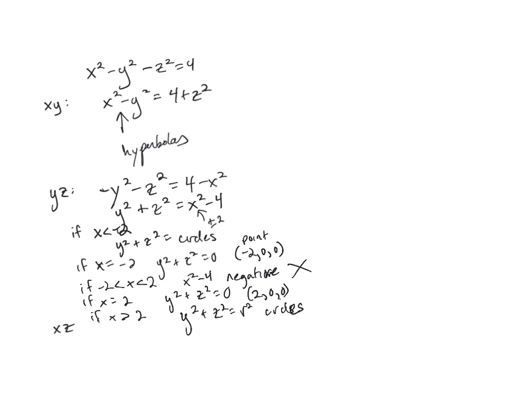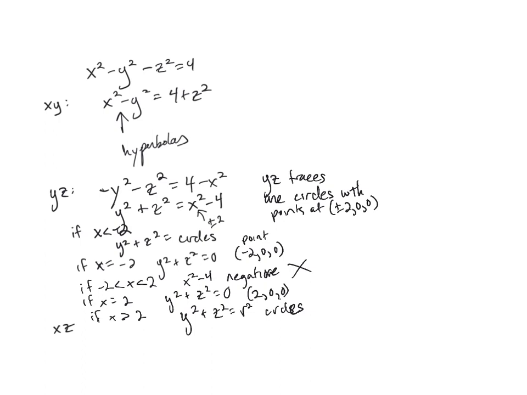So it's a little bit more complicated than just saying the YZ traces are circles. If I were to be a little more nuanced here, I would say the YZ traces are circles with points at plus and minus 2.